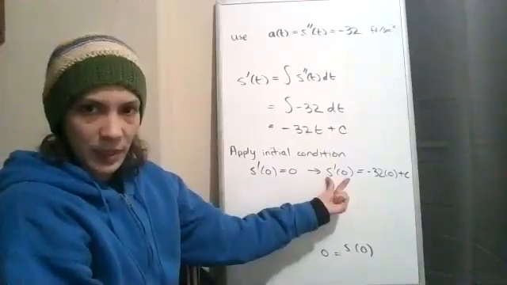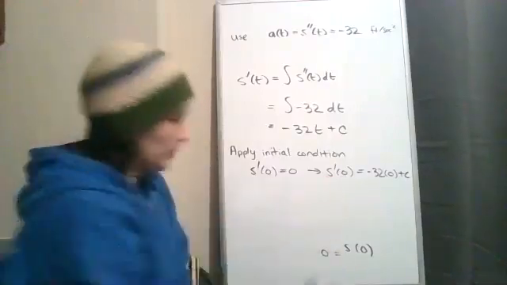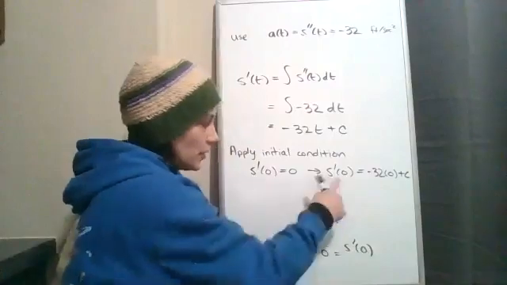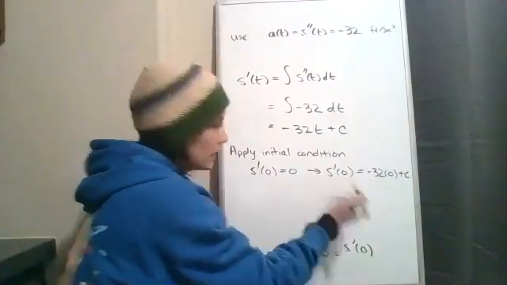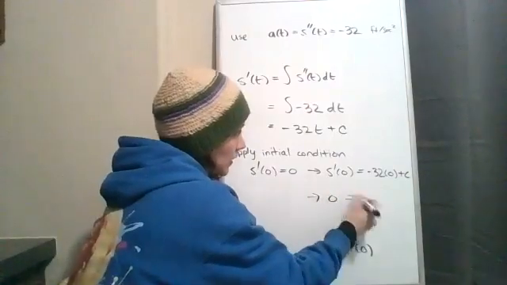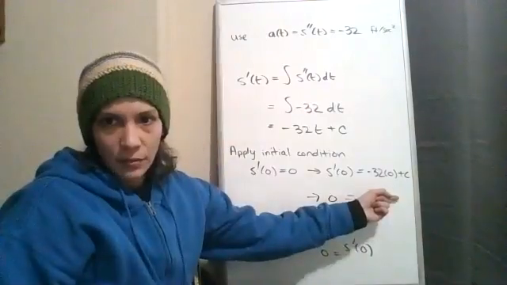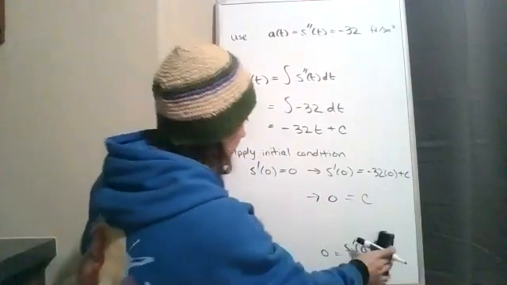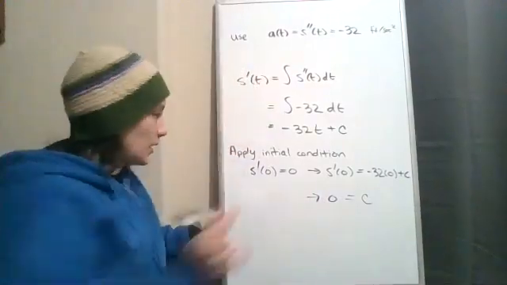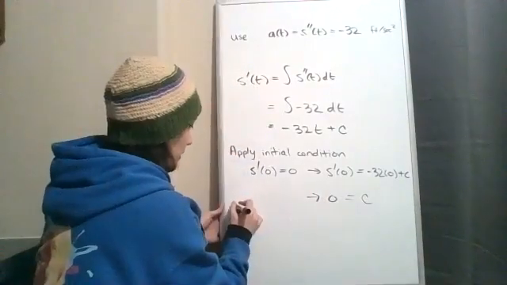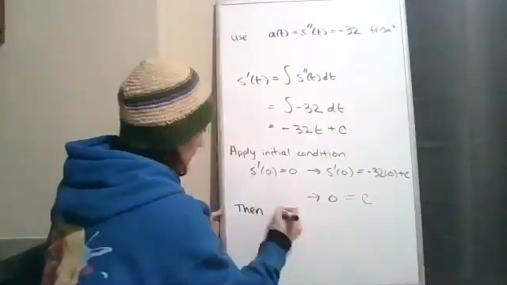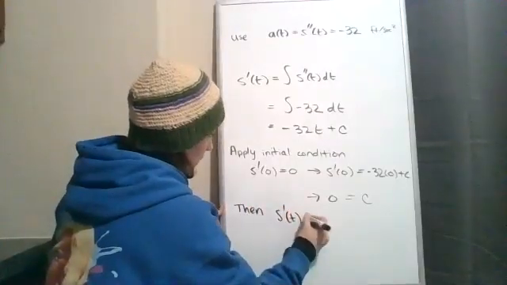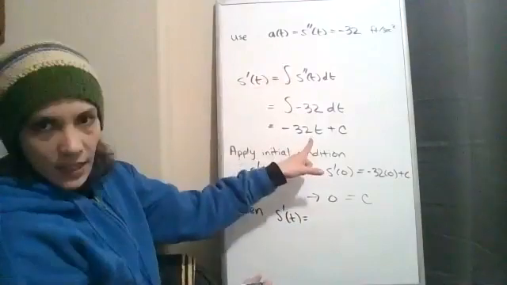And you know what s prime of 0 is? It was 0. So substitute this in right there, and then simplify that side, which is going to leave c. All right, so s prime of t is negative 32t.